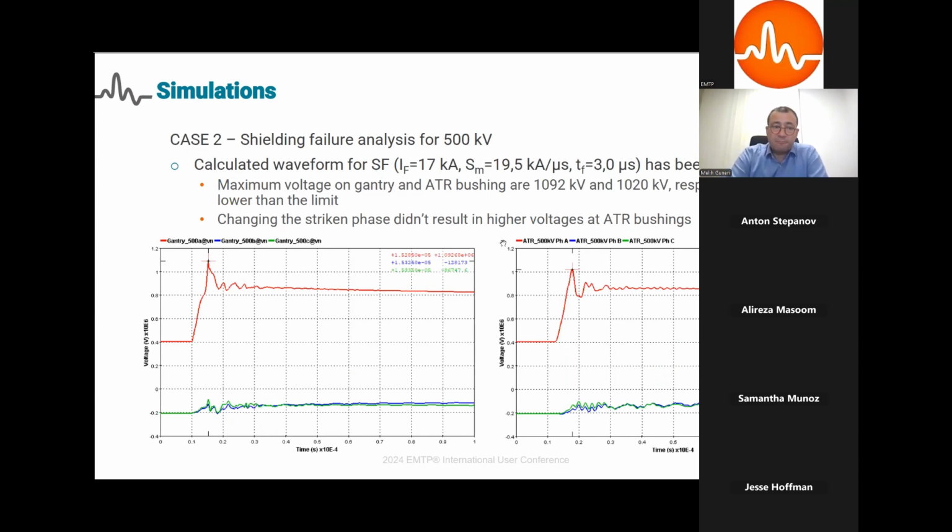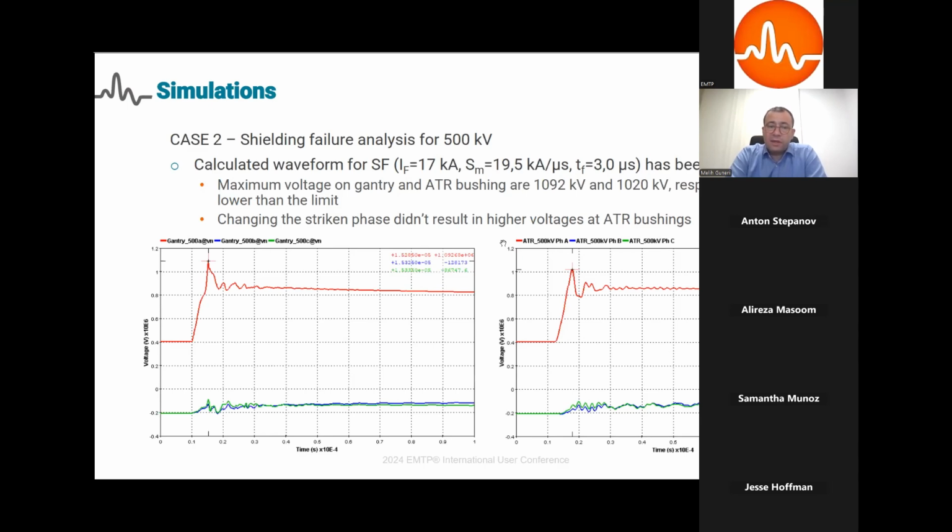When we apply this lightning waveform to phase A, the simulated overvoltages on substation gantry and auto transformer bushing were 1092 kilovolt and 1020 kilovolt respectively, which are quite lower than the maximum acceptable level of overvoltage.